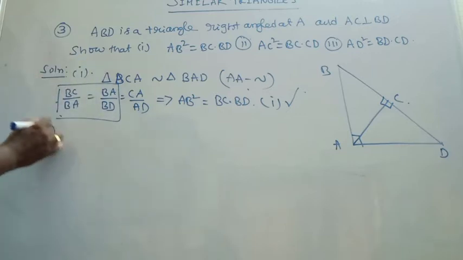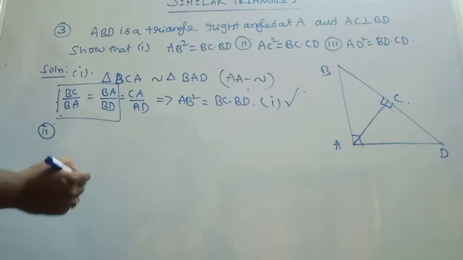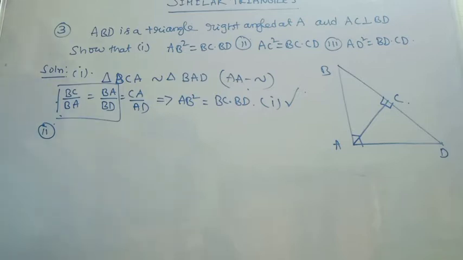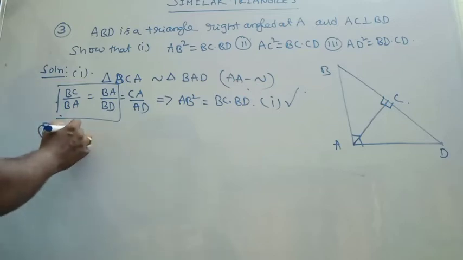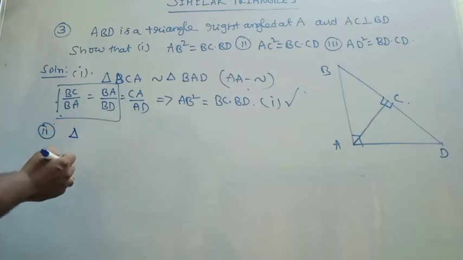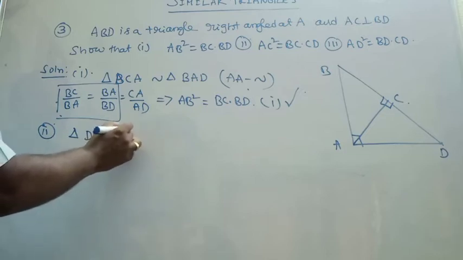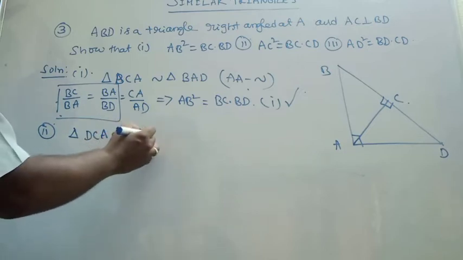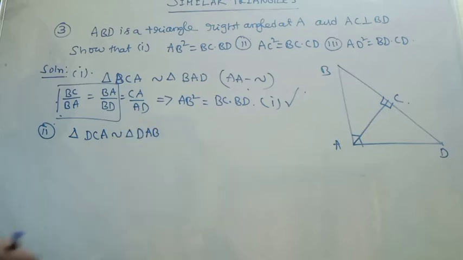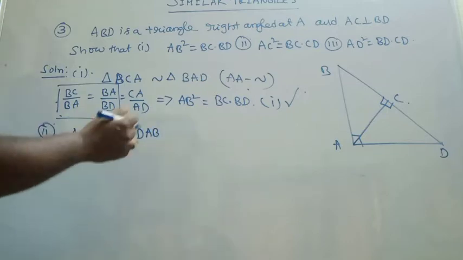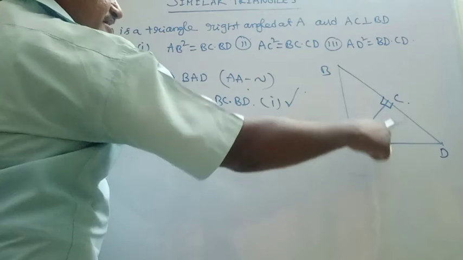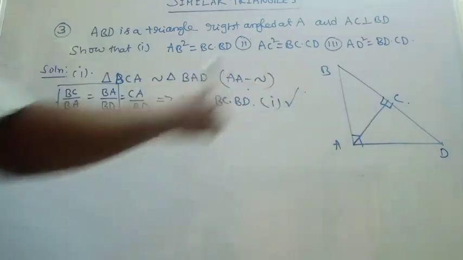Now the second one: AC square is equal to BC into CD. How are we going to do that? You see beautifully, my dear students. Triangle DCA is similar to triangle DAB. Angle D equals angle D, angle C is 90, angle A is 90.